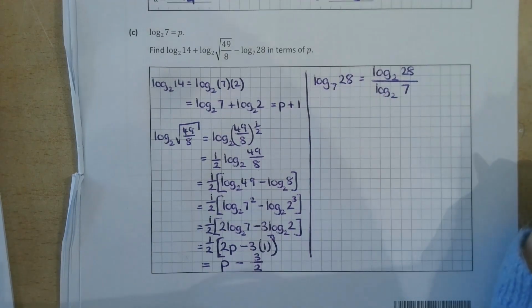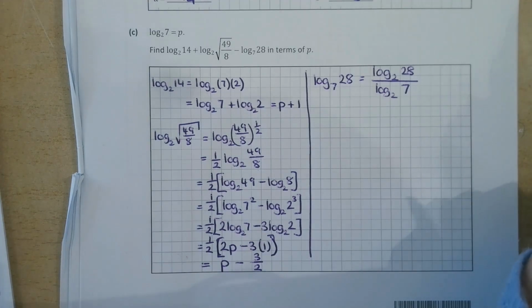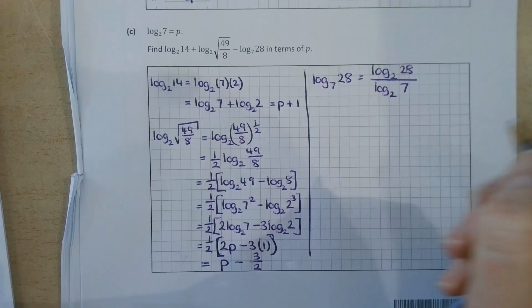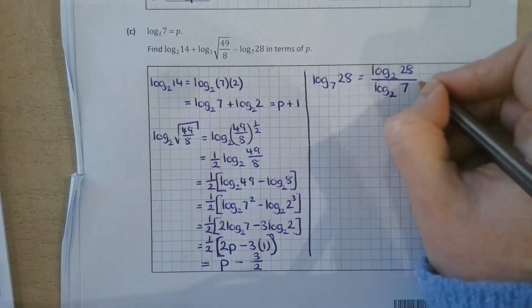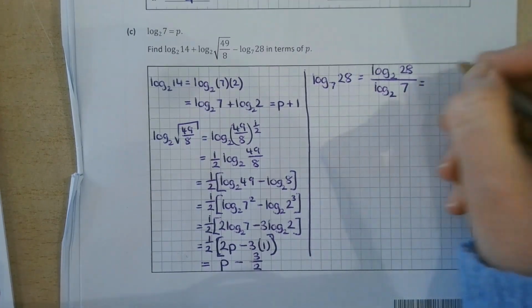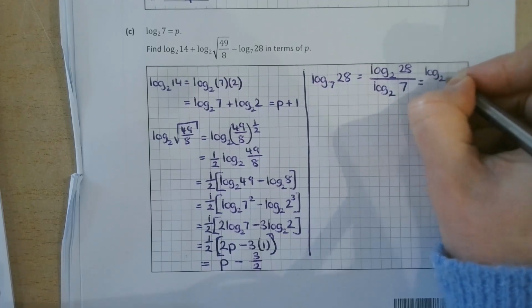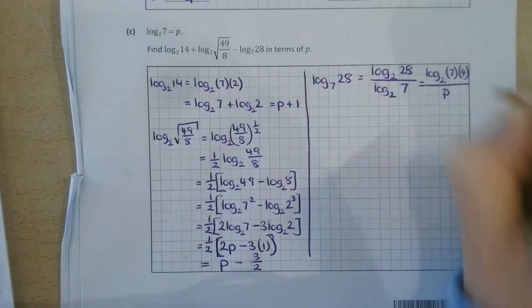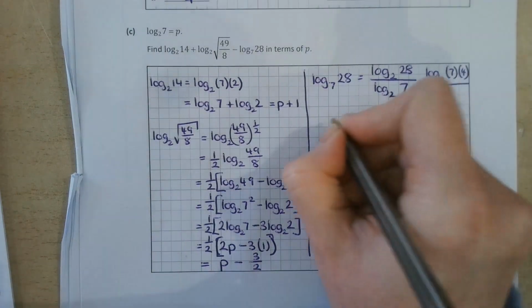And we're using our rules of logs on page 21 to help us with that. So changing that base to 2 then enables me to manipulate what we have here. The bottom there is p. So log to the base 2 of 28 could be written as log to the base 2 of 7 multiplied by 4. And the denominator can just be changed to p.